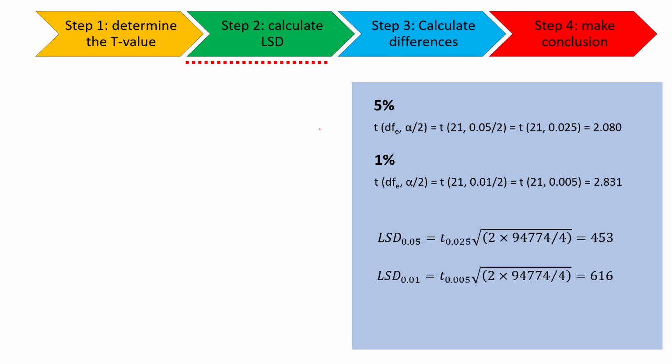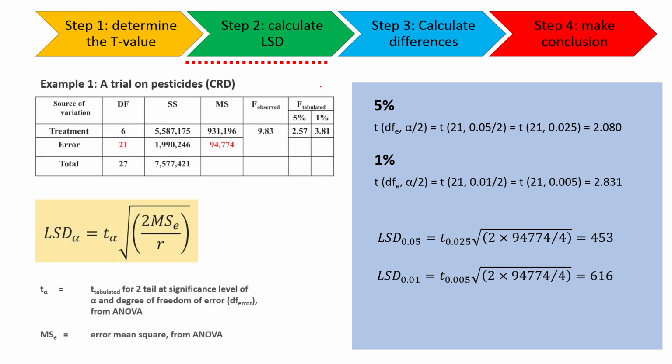Let's move on to the second step. In the second step, you need to calculate the LSD value. So how to calculate the LSD value? You need to follow this formula over here. Since you have obtained your t value, what you need to bring in is just the mean square over here.